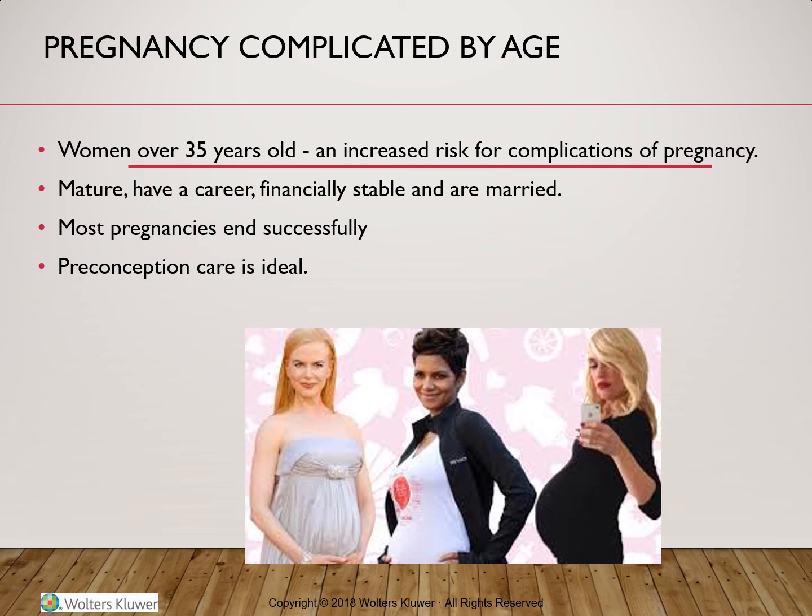Nowadays, by using assisted reproductive technologies, we have an increased incidence of multiple fetal pregnancies such as twins and triplets. However, a woman older than 35 has a higher chance to conceive a child with chromosomal abnormalities such as Down syndrome. She is also at high risk for spontaneous abortion or miscarriages, eclampsia and preeclampsia, gestational diabetes, placental abnormalities, and ectopic pregnancies.